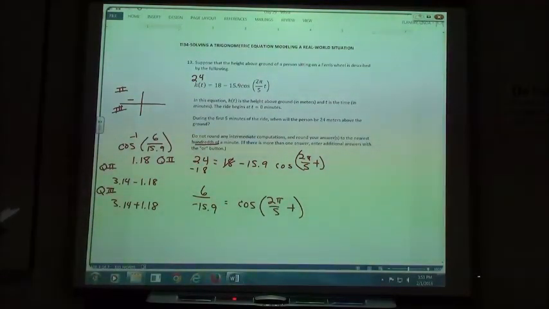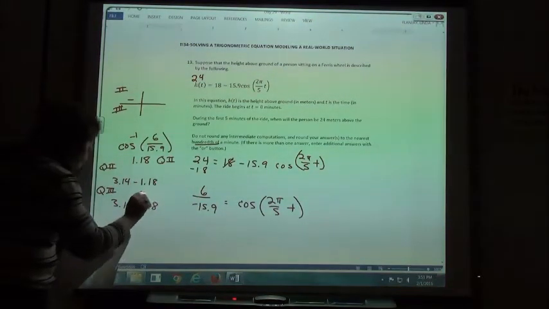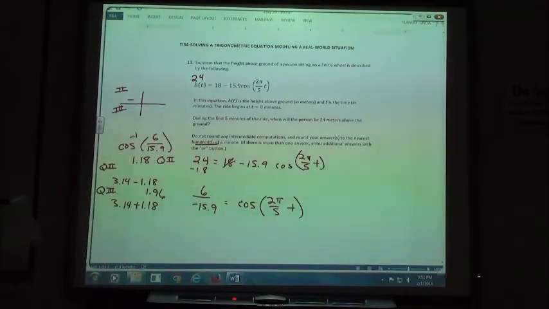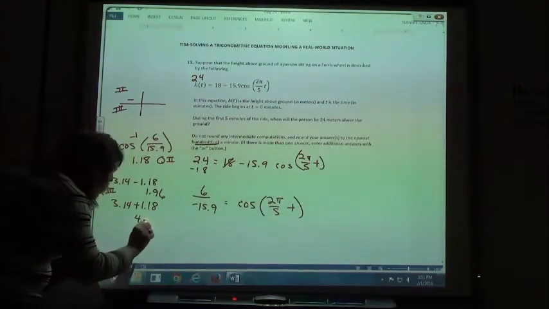So if I go ahead and do that, 3.14 minus 1.18 would give me 1.96, and 3.14 plus 1.18 gives me 4.32.